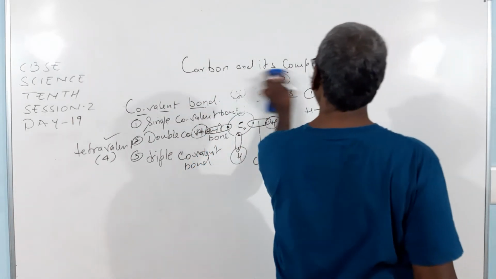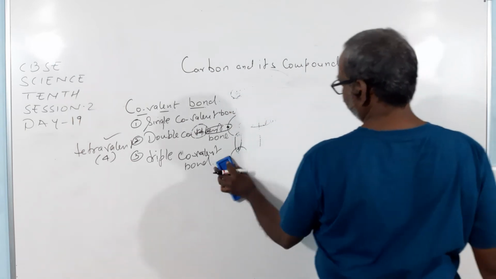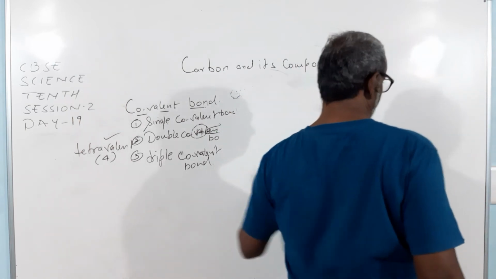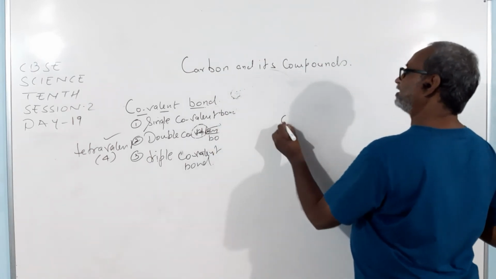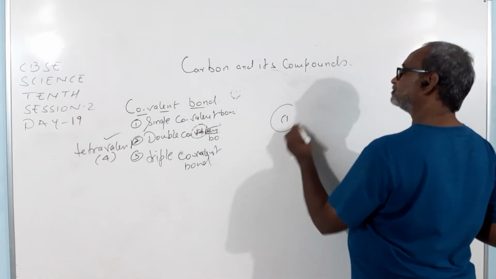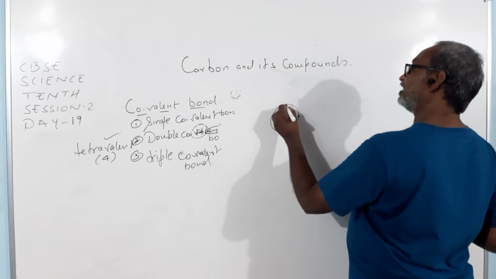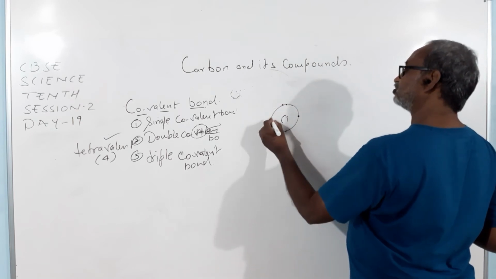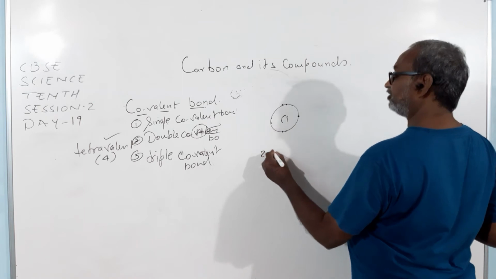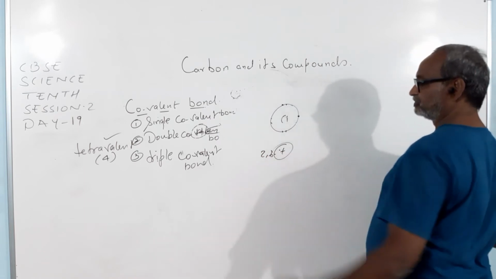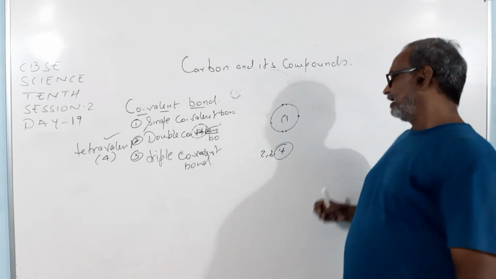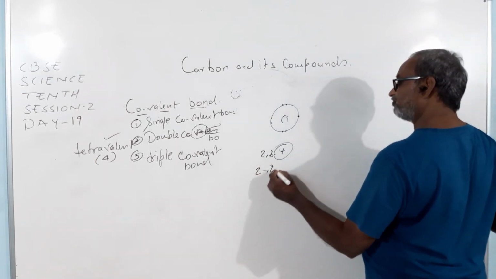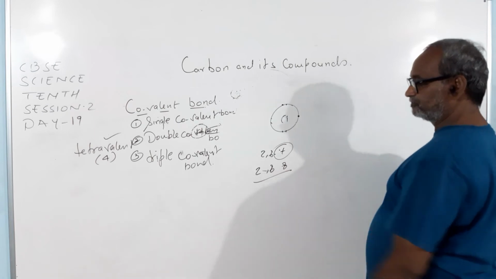Let's see some more example to illustrate single covalent bond. Chlorine atom has 7 electrons in its outermost orbit. Electronic configuration is 2,8,7, and it requires 1 electron to complete its octet and to acquire a stable configuration of argon.